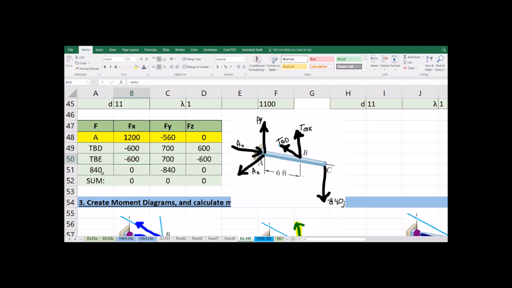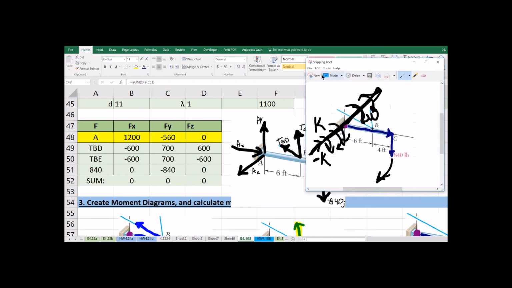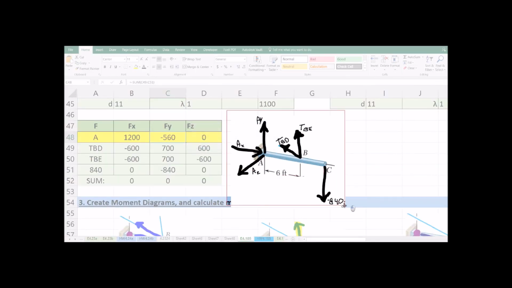For the Y direction, let's look at what's happening. We have the weight pulling down, two tensions pulling up quite a lot, and then A is actually negative. Isn't that interesting? It's like a little teeter-totter, in fact.